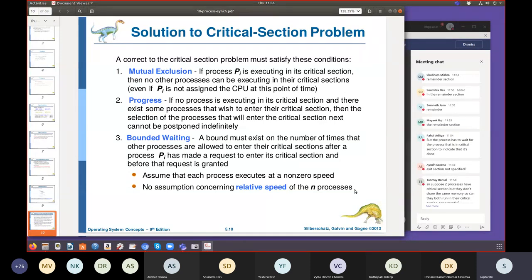In that case, the process which requires a large time in its critical section may have to be given priority, and the other process may have to wait for a long time to access its critical section. But those things are not considered here. So no assumption concerning relative speed of the n processes. Okay.